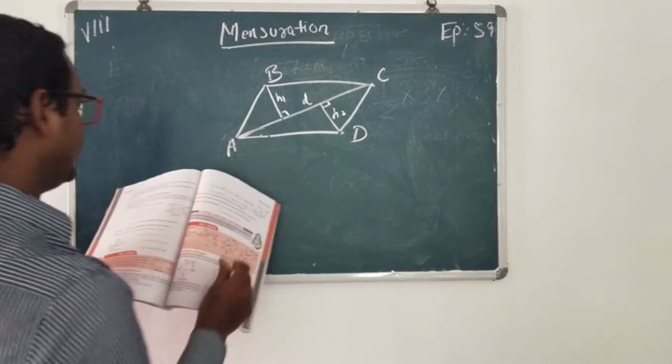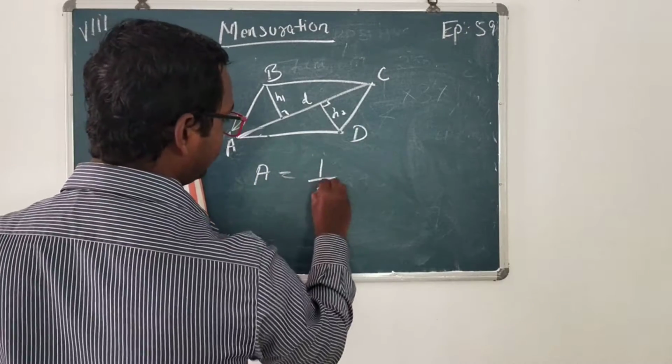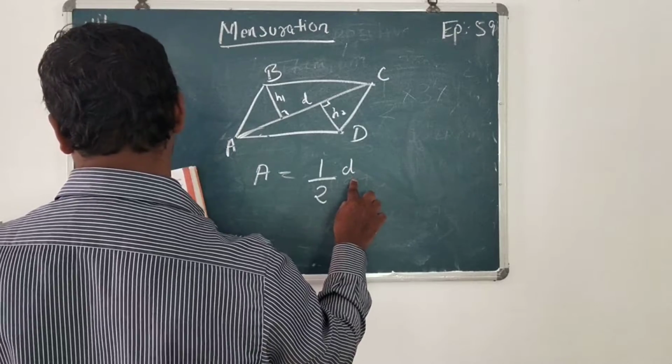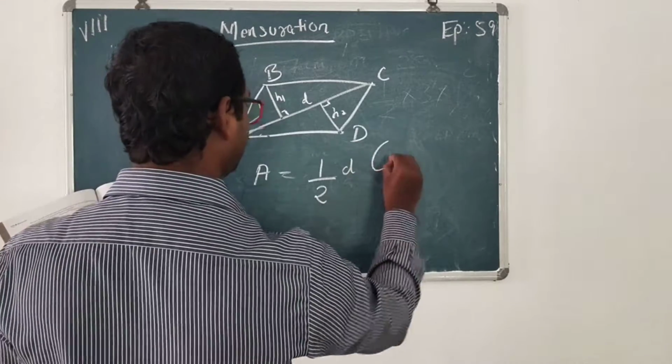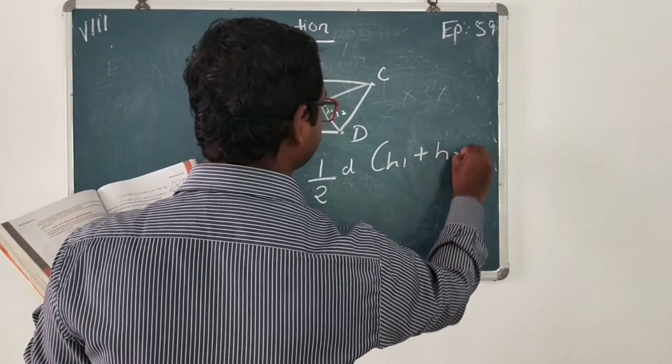If you want to find the area of this quadrilateral, the area formula is half D, which is the diagonal, into h1 plus h2.